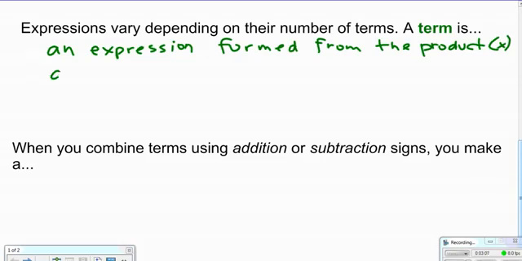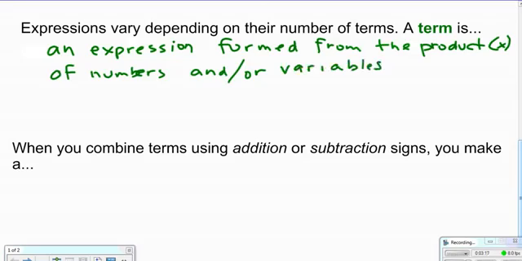So from the product of numbers and or variables. Okay, so something like, if we go back to what we had before, so 7x, this is one term, because this is like 7 times x.